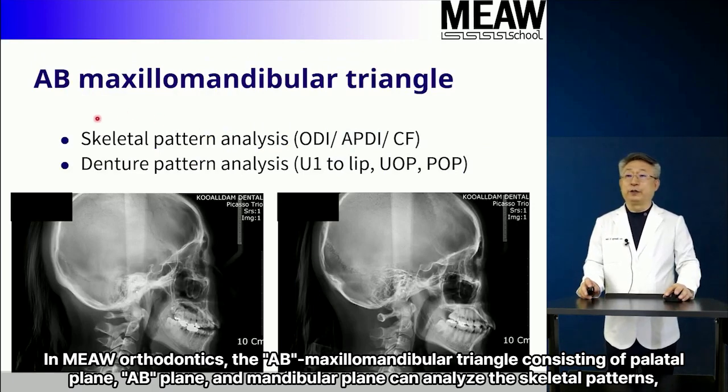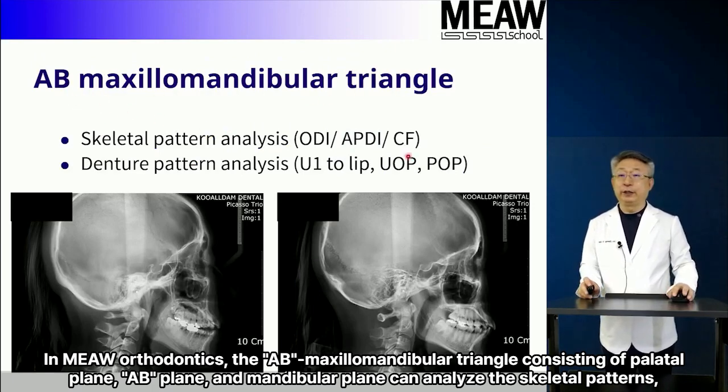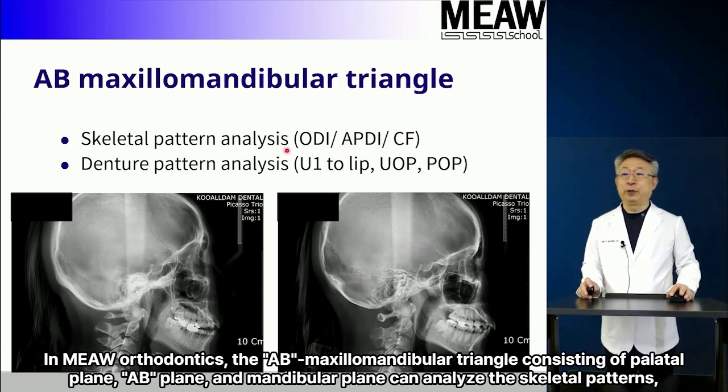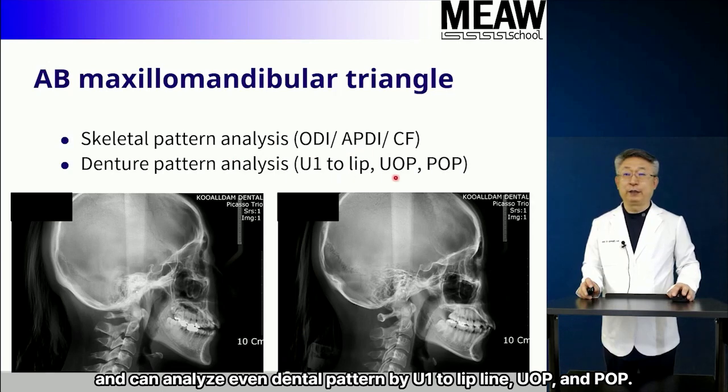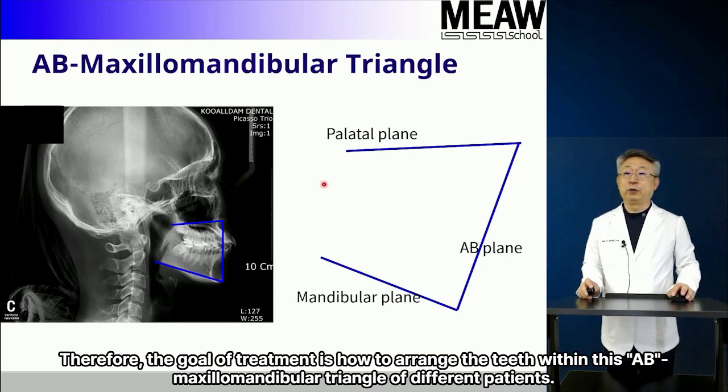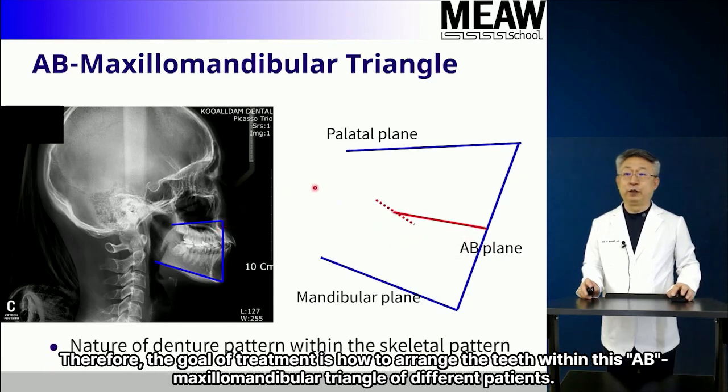In MEAW orthodontics, the AB maxillomandibular triangle, consisting of the palatal plane, AB plane, and mandibular plane, can analyze the skeletal patterns through ODI, APDI, and CF, and can analyze even the dental pattern by the yawn to lip line, UOP, and POP. Therefore, the goal of treatment is how to arrange the teeth within this AB maxillomandibular triangle of different patients.